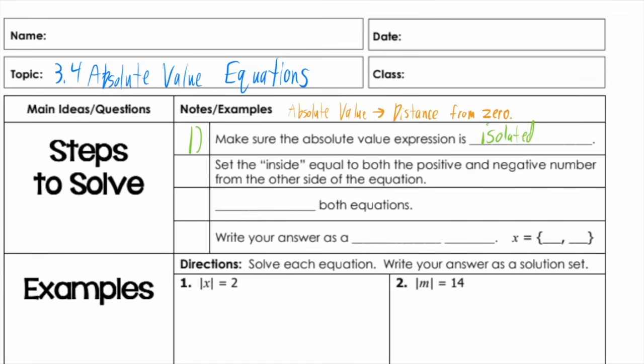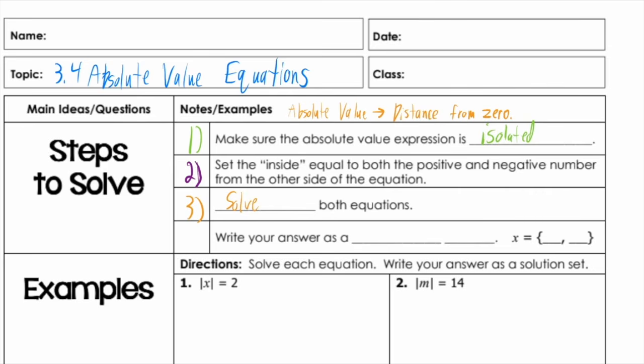Then step 2 is to set the inside of the absolute value bars, whatever's inside the absolute value, equal to both the positive and negative number from the other side of the equation. Once again, we'll be discussing this as we go through. Then our third step is to solve both equations.